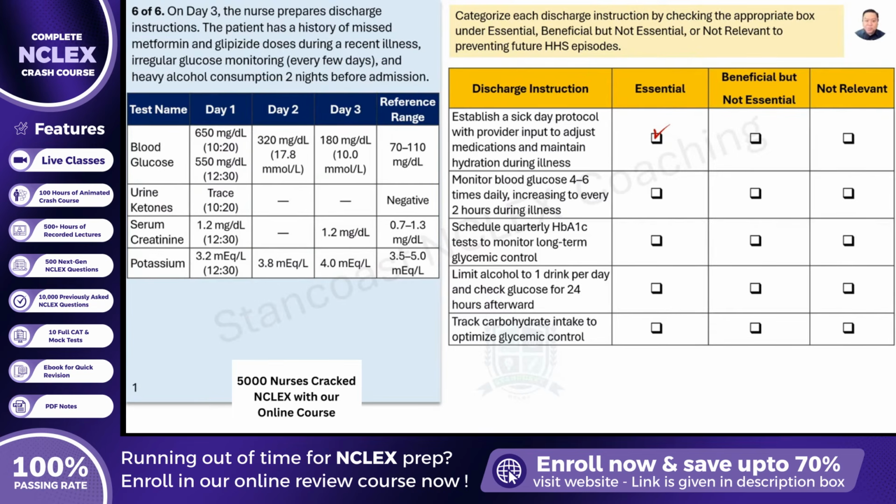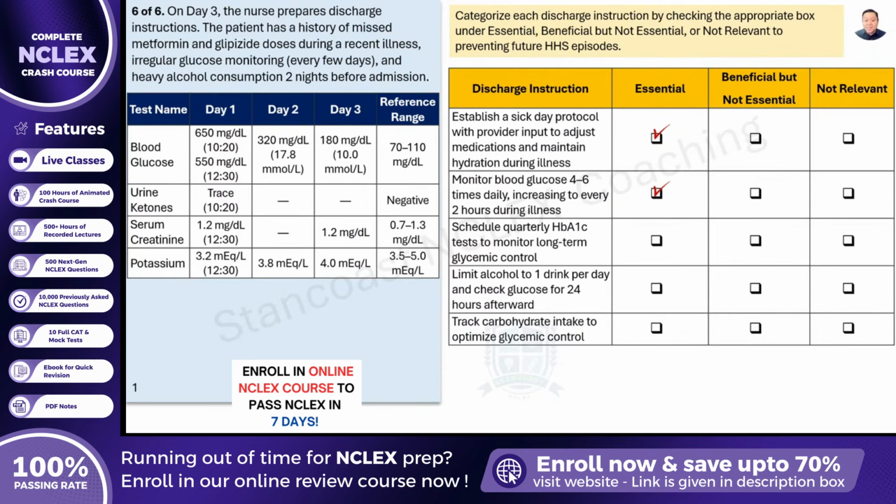The answer to this one is also essential, because the patient only checked their blood sugar every few days before admission, and that's like trying to drive blindfolded. With diabetes, especially if the patient takes medications like glipizide, which can affect insulin secretion, they need frequent checking to stay ahead of any highs or maybe hypoglycemia.